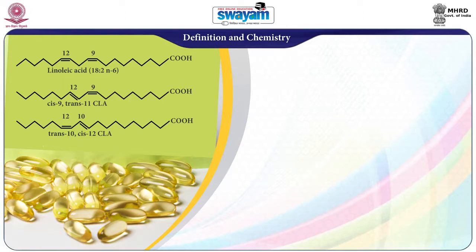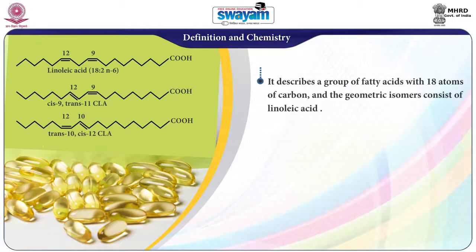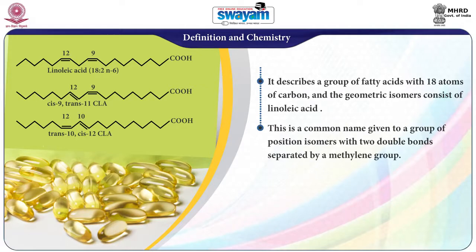Conjugated linoleic acid is a term that describes a group of fatty acids with 18 atoms of carbon, and the geometric isomers consist of linoleic acid. This is the most common name given to a group of position isomers with two double bonds separated by a methylene group.